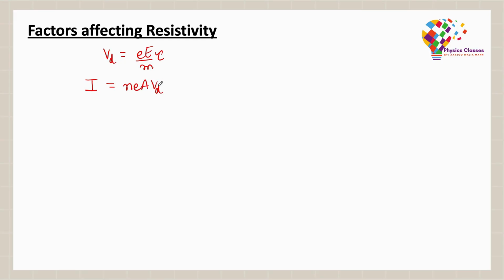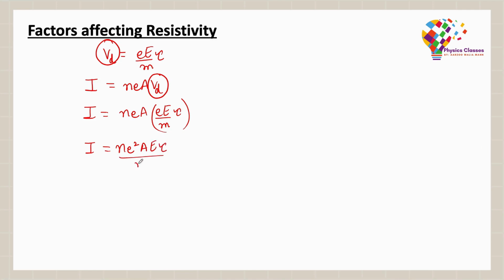Now I'm going to substitute this value of v_d here. My current can be written as n e A, and instead of v_d we write eE/m tau. I have replaced v_d with this. If I further simplify, my current comes out to be n e square A E tau by m.